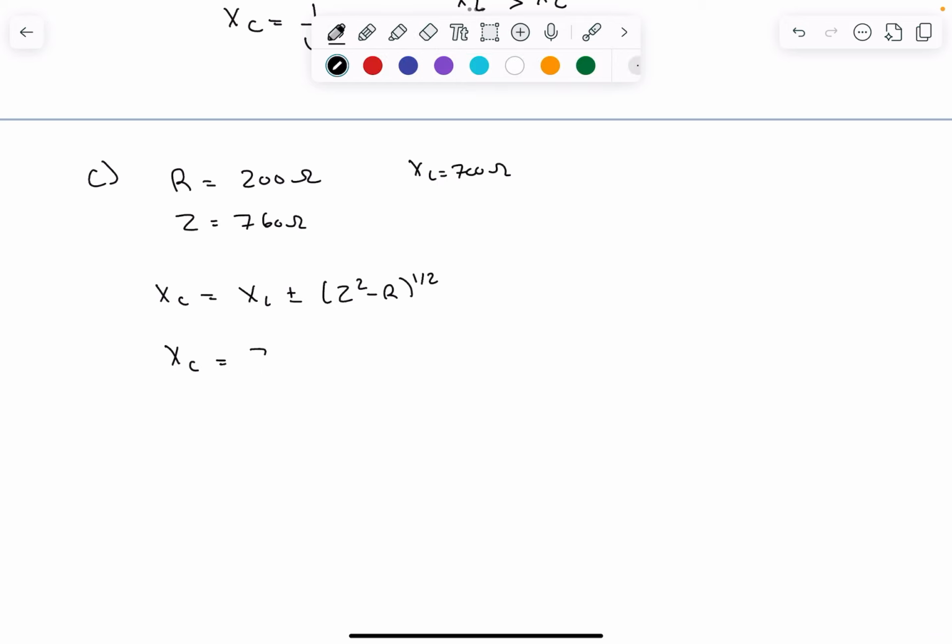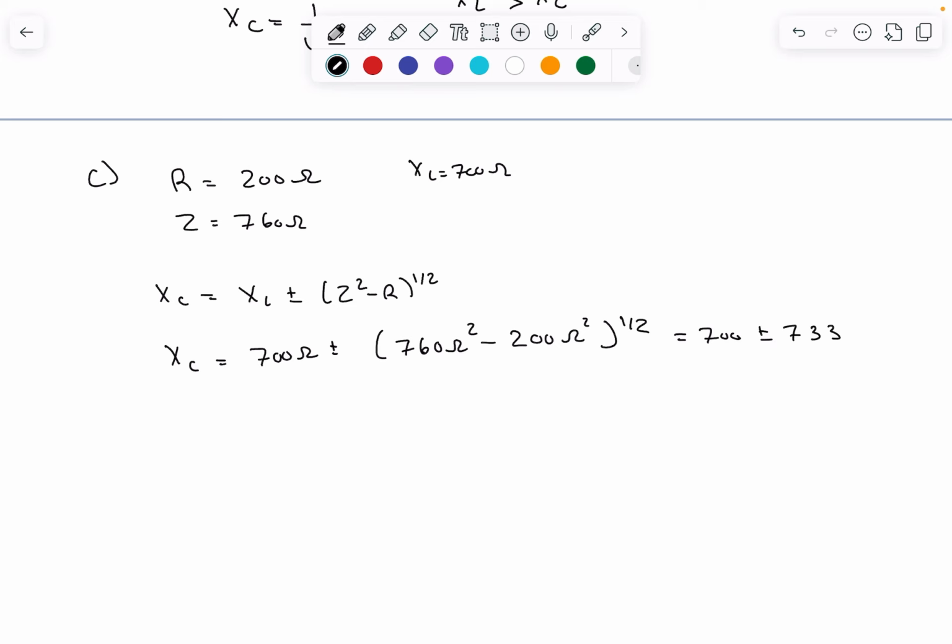So then this is going to be 700 ohms plus or minus (760 ohms squared minus 200 ohms squared) to the 1/2. If we do this, what we're going to get is equal to 700 plus or minus 733.